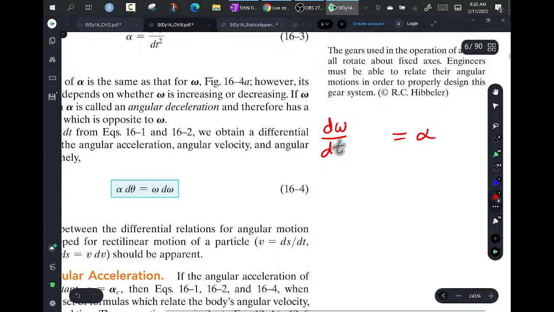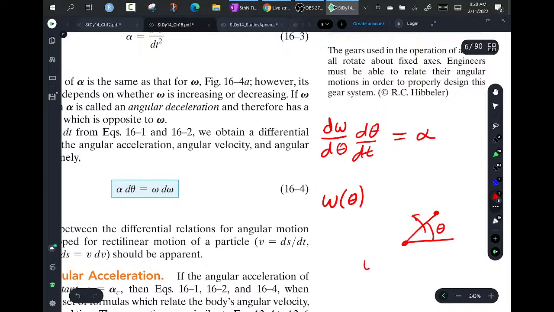However, let's say you had this instead. In other words, I had omega as a function of theta. Say measuring theta from here, and then I found out omega is equal to like 2 theta squared. So essentially I know that speed is a function of theta.